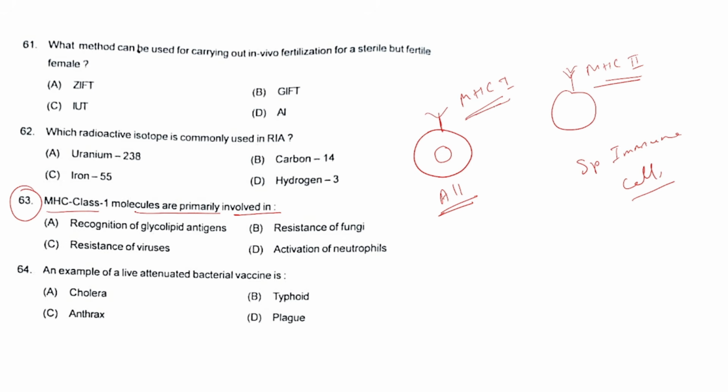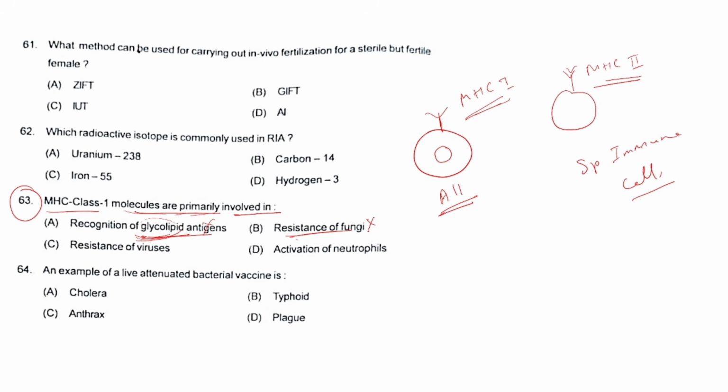Others have MHC1 molecules. So what is the function of MHC1 molecules? Recognition of glycolipid antigens: MHC1 or MHC2 do not recognize glycolipids, they recognize peptide antigens. So this is wrong.